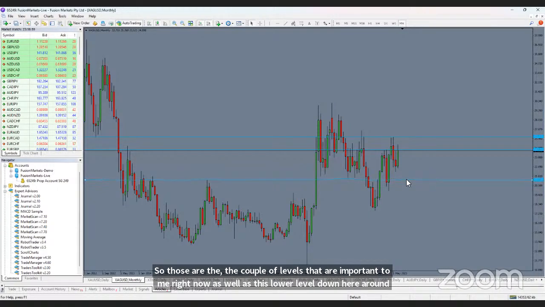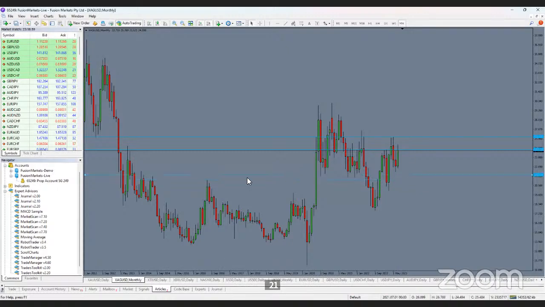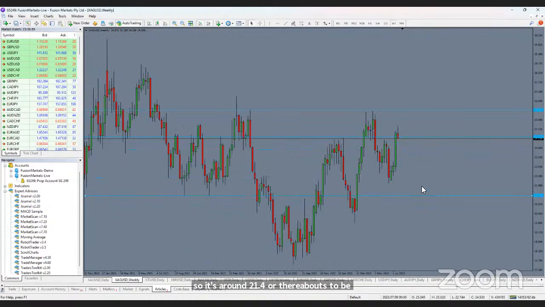It's difficult to get an exact level there, but you can see how it's been resistance over here from 2016. And then I've just moved it up to be a little bit more relevant to most recent price, from 2021, as this support level. So it's around 21.4 or thereabouts to be conservative. And that's the lower level of support there.